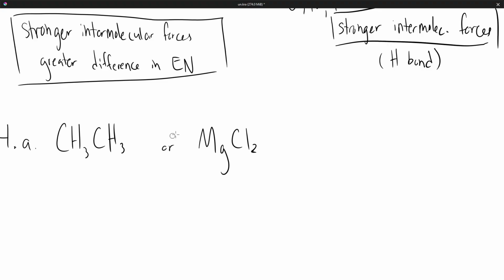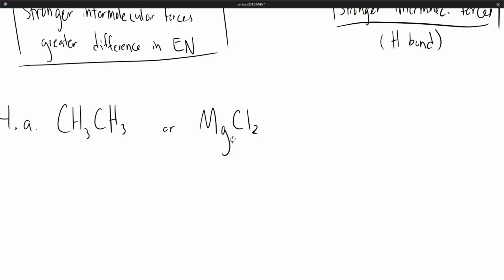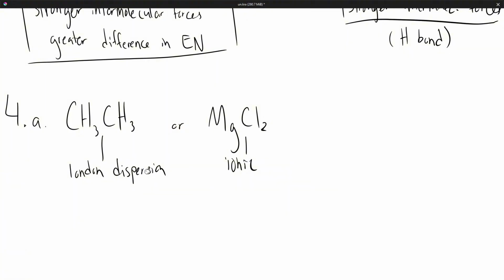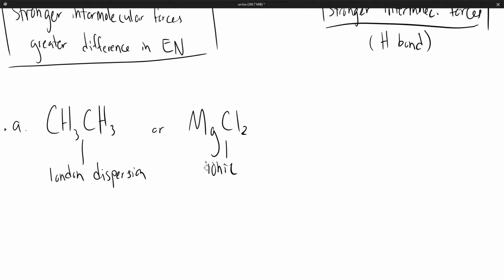So CH3, CH3, or magnesium chloride. Magnesium chloride, metal, nonmetal, these are ionic bonds. CH3 is a pretty common case of just London dispersion forces, which are the weakest forces. So between London dispersion, the weakest force, and ionic bonds, pretty strong forces, which one has the greater dipole moment?